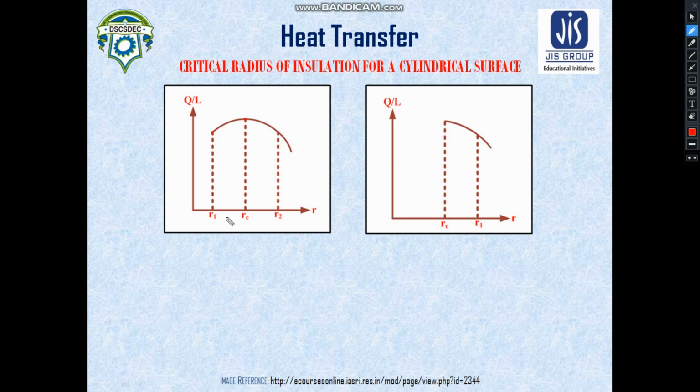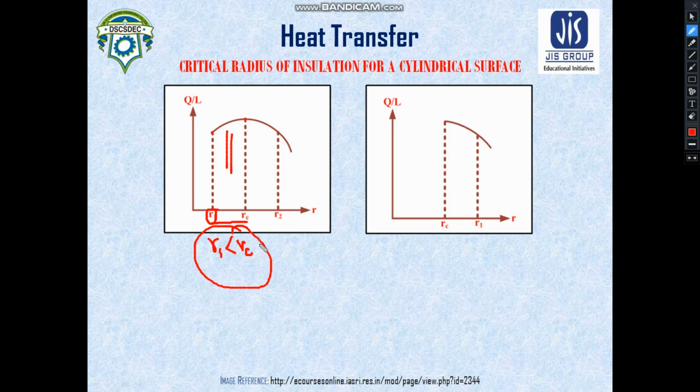You need to understand the range of radius. Here R1 is less than RC. So this part is applicable when the inner radius is less than the critical radius of insulation.